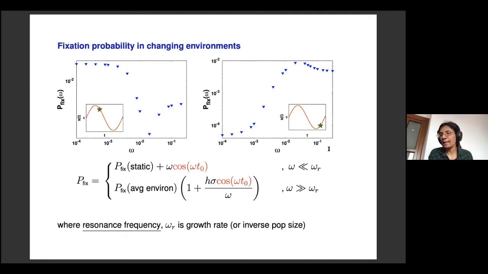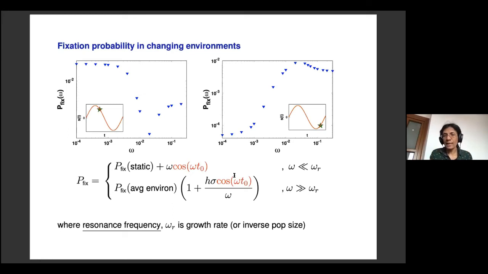On the other hand, if the mutant arose when the selection was increasing with time, you expect that the chances of survival would be more, and therefore the fixation probability would increase from this side as well as the average environment side. In other words, there will be a maximum in the fixation probability. One can write down some simple formulas, but let's not worry about that.